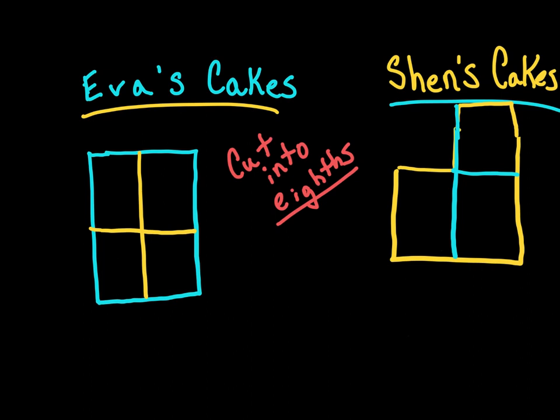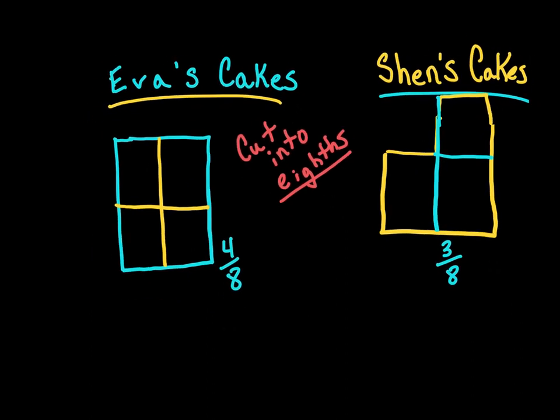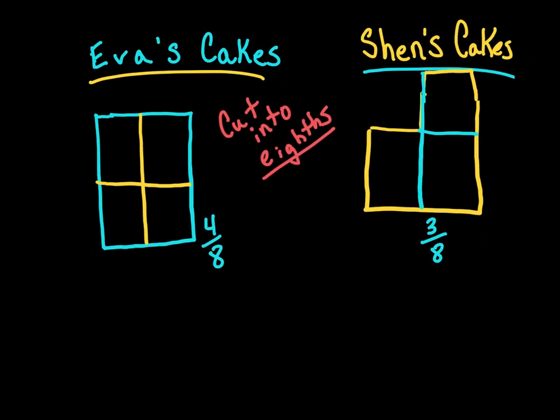Eva has 4 8s, and Shen has 3 8s left over. So if we want to find out altogether how much cake is left, we would take Eva's amount, 4 8s, plus Shen's amount, because we're doing this all together.